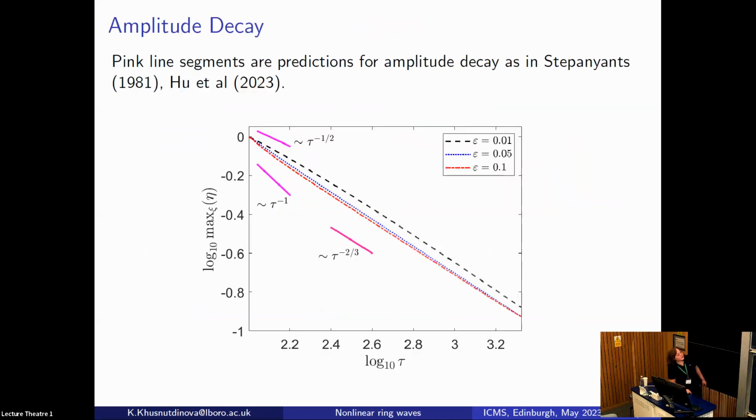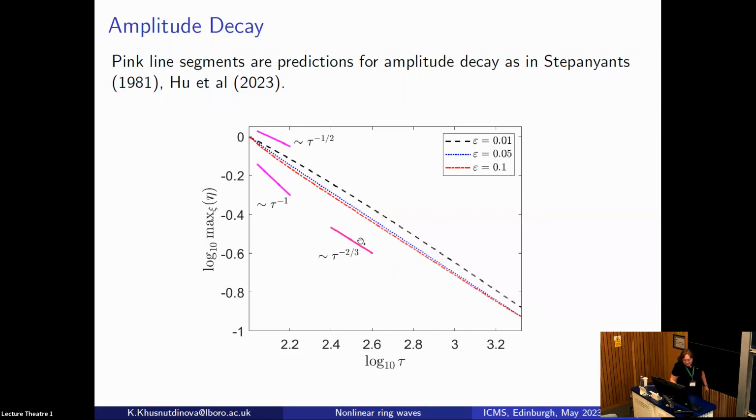This is quite interesting. That's the decay rate of the peak wave for different values of epsilon. And we compared this to the predictions which can be found, for example, in Yuri's paper and his most recent paper with collaborators. So the prediction for the amplitude decay from CKdV is -2/3. -1/2 is just linear non-dispersive, and this is linear dispersive, okay?